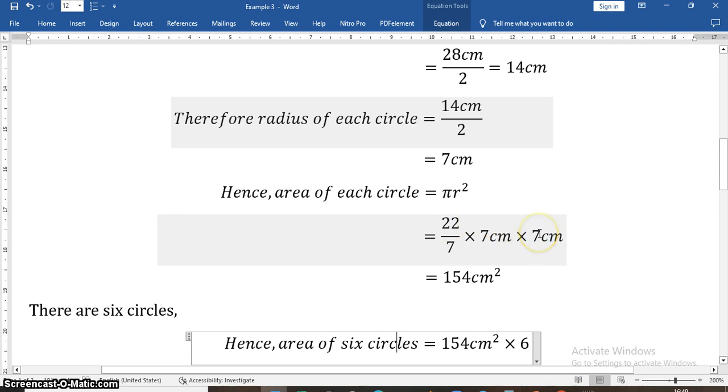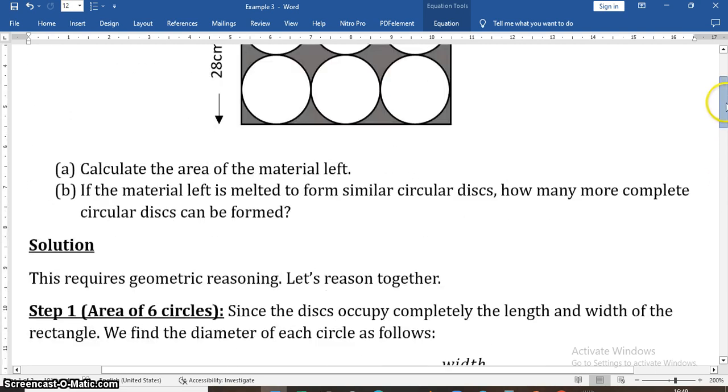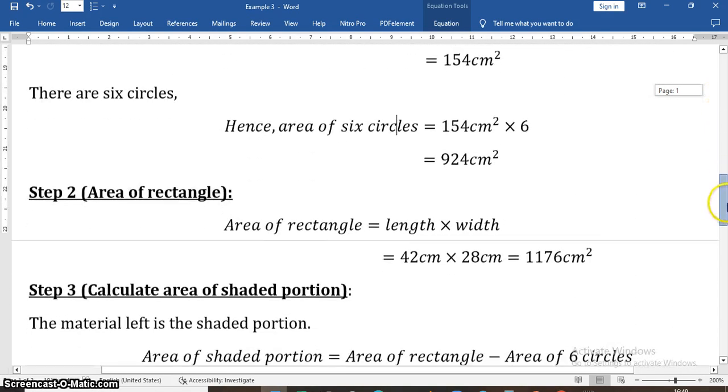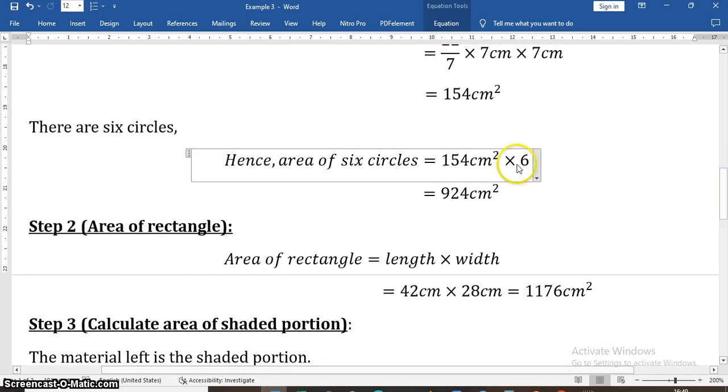If you do that on your rough sheet, please, you may want to do this. You would have 154 centimeters squared. That means the area of each circle is 154 centimeters squared. But we have 6 circles there. As you can see, there are 6 circles. So to find the area of 6 circles, you simply do 154 centimeters squared times 6.